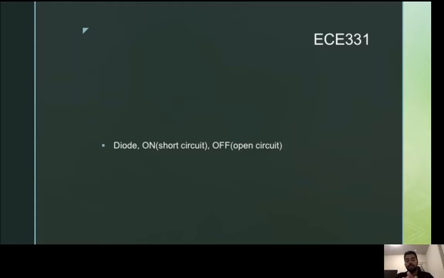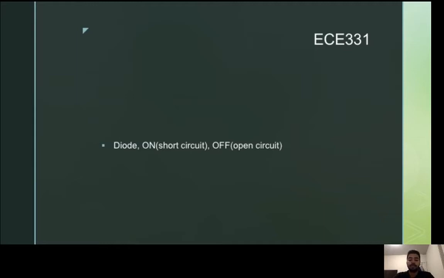When the diode is on, it acts as a short circuit, so the current goes through the diode. When the diode is off, it acts as an open circuit, so the current doesn't go through the diode.